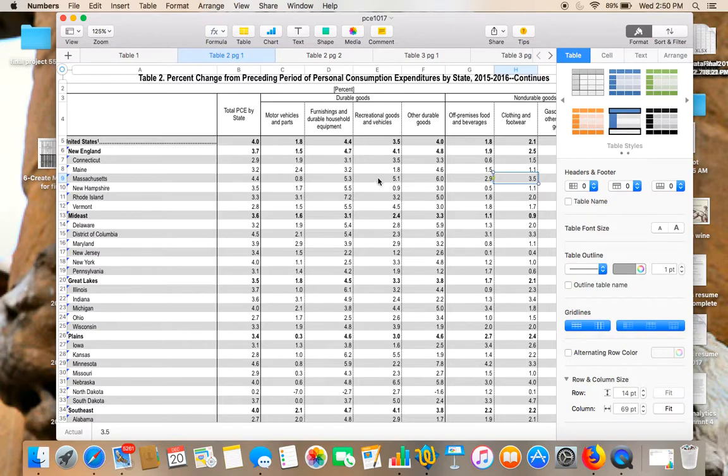Well, maybe people in Massachusetts don't really go to our store to shop for clothing and footwear. Maybe they go to our store to buy furnishings and home equipment. So maybe we should invest more money in a category that has a higher overall percent change from the preceding period of year, which would be 2014.